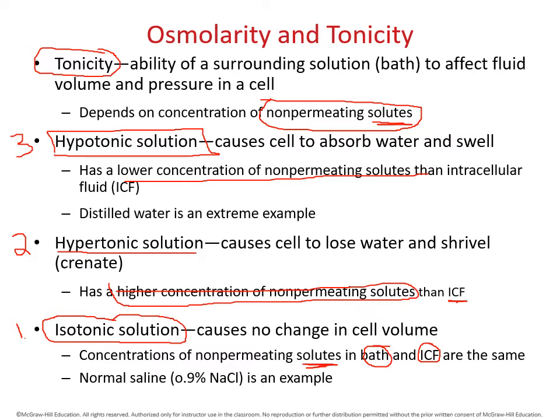Hypertonic, you have more solutes on the outside, so in the environment. Hypotonic, you have fewer solutes on the outside, more solutes on the inside. Now, keep in mind, these solids cannot pass the plasma membrane. So what we're going to do now is take a look at how that will affect the water. Will it move into the cell, out of the cell, and how will that then change the cell?